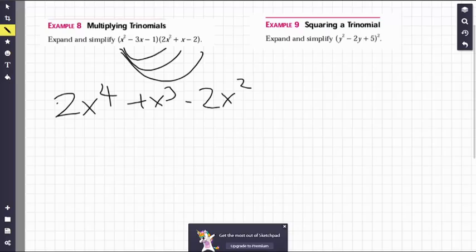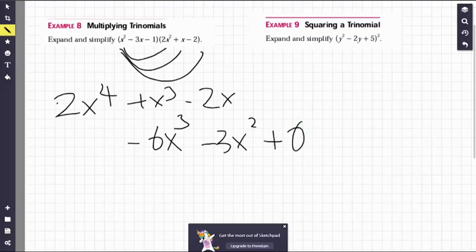And then I usually like to write it like this. Minus 3x^2. Sorry, minus, no, I was looking at the wrong one. So minus 6x^3 and then minus 3x^2 and plus 6x.